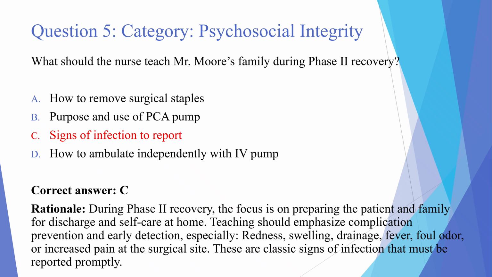Teaching should emphasize complication prevention and early detection, especially redness, swelling, drainage, fever, foul odor, or increased pain at the surgical site. Those are classic signs of infection that must be reported promptly.